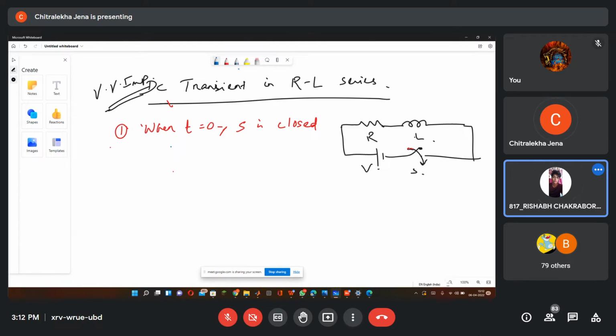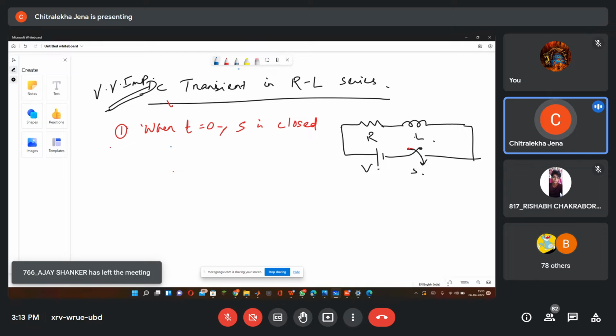Still, I am not clear what exactly you are telling. Current will not flow in the circuit because this inductor has a property.